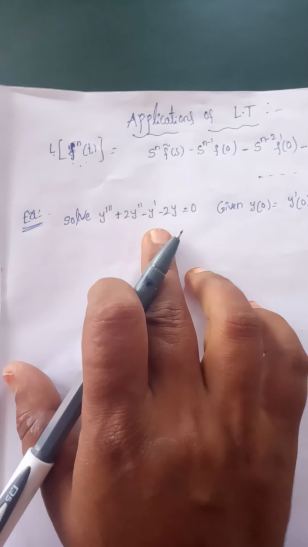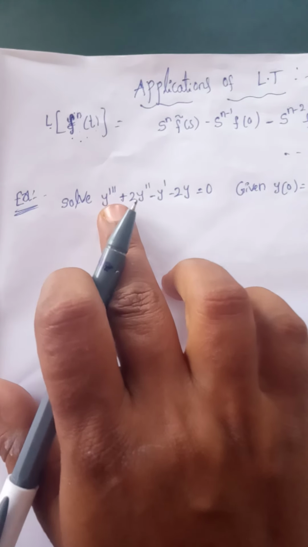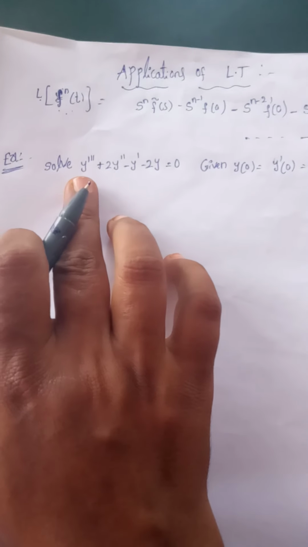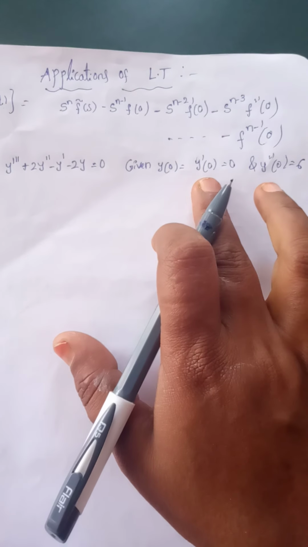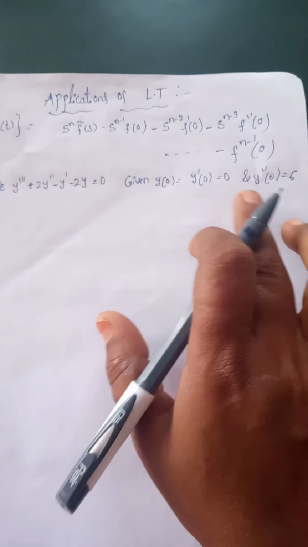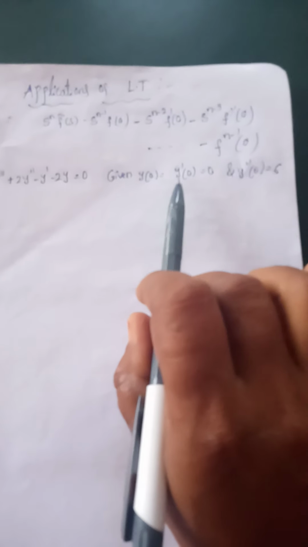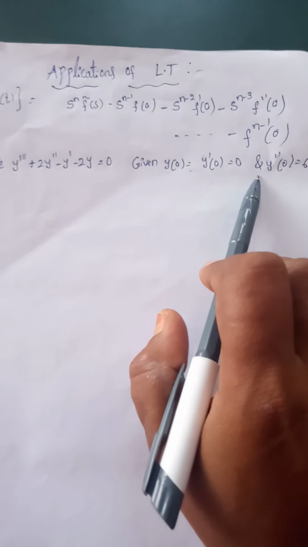Use Laplace transform. Here, y triple dash simply means a function of t. Given the conditions, you can observe y of 0, y dash of 0, and y double dash of 0. If any condition is not given, then you can take that value as some constant.